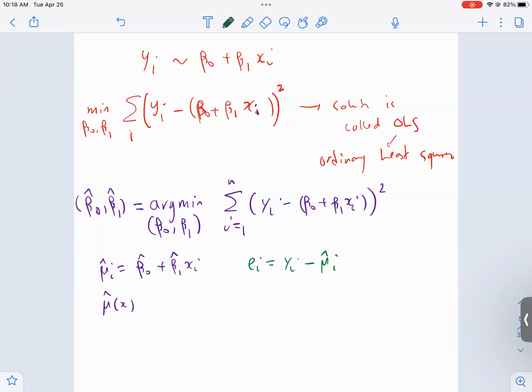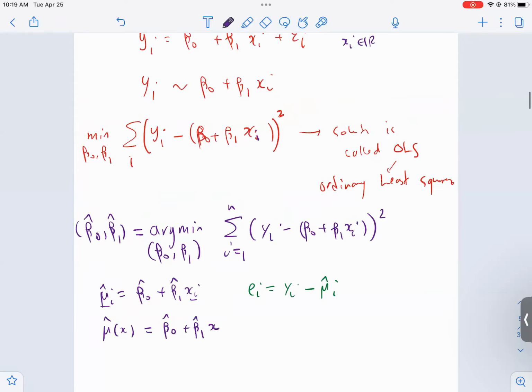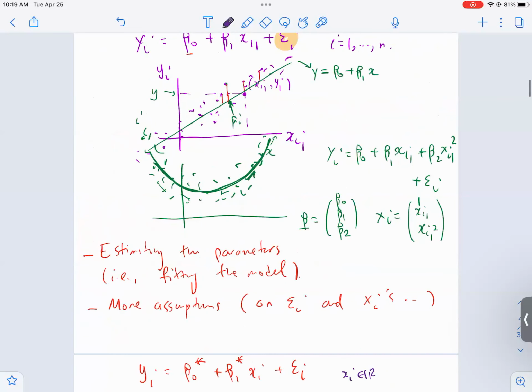And then there's this regression line, which is beta hat 0 plus beta hat 1, and then there's some generic x. The difference here is that I'm evaluating this regression line for the features that I've already observed. So this gives me n points on this line, not the data points, but the fitted values for these observed x's.